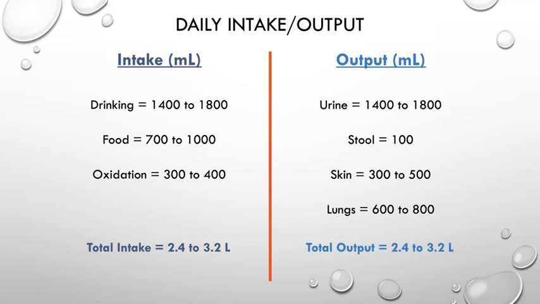Output occurs through urine, stool, skin, and lungs, and generally matches intake in a normal, healthy adult. This balance is crucial for homeostasis, and the body always wants to maintain this balance. Any alterations of this balance may affect the volume status of the patient and, most importantly for electrolytes, sodium.